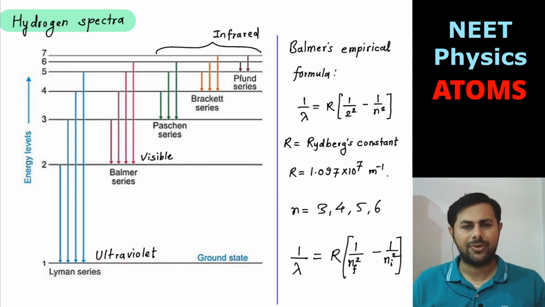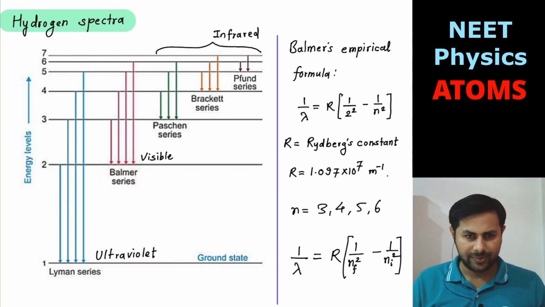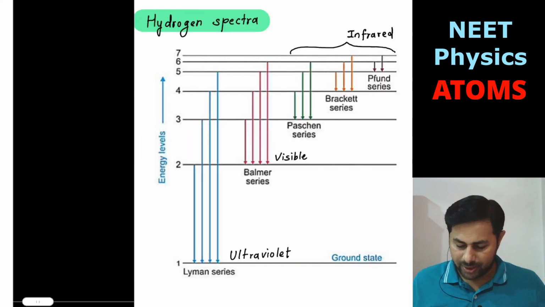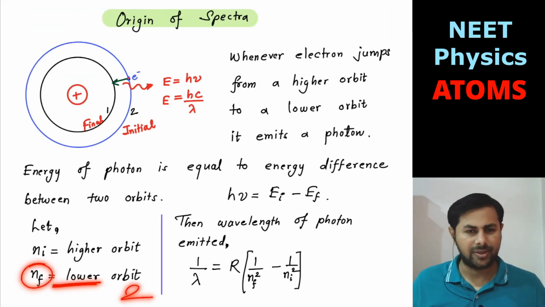Then when the electron jumps from any higher orbit to the second orbit, the series is known as the Balmer series. So for the Balmer series, the final orbit number is equal to 2.